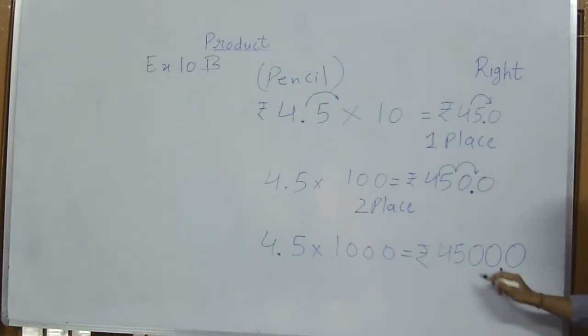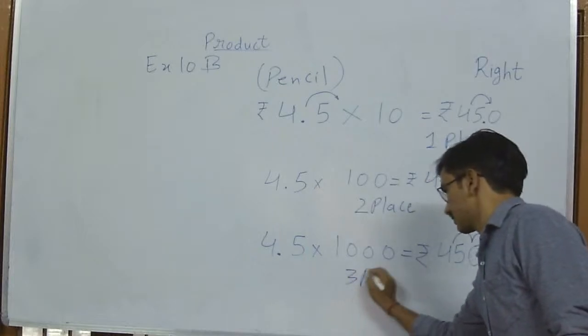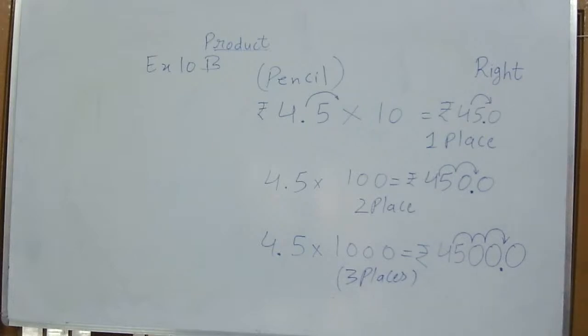So in the third one, how many places? From 5, count 1, 2, 3 places. Yes, the decimal jumps 3 places.